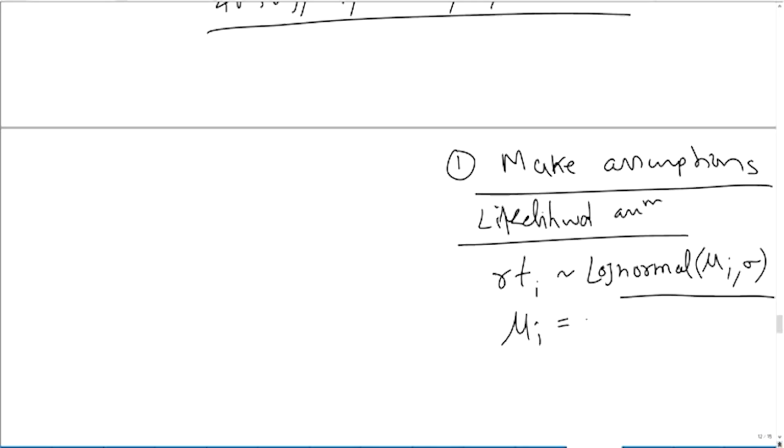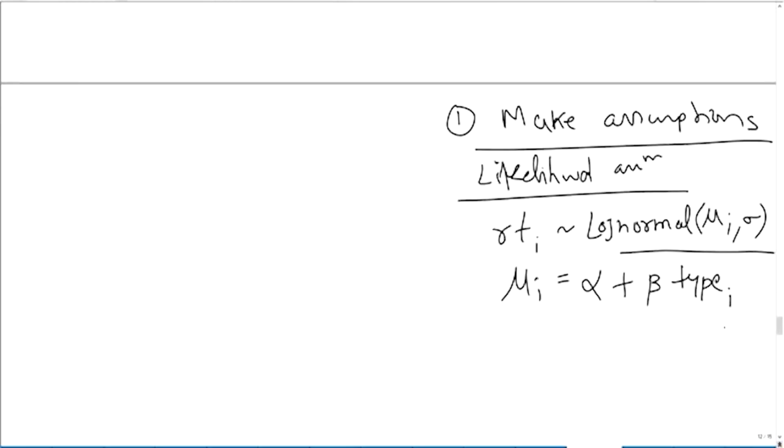For example, one hypothesis you had was that on average recognition time changes as the word type changes from word to non-word, right? So let's say word type is indicated by type i. So I encoded that hypothesis, let us just go with H1 for now. So this is our likelihood assumption.